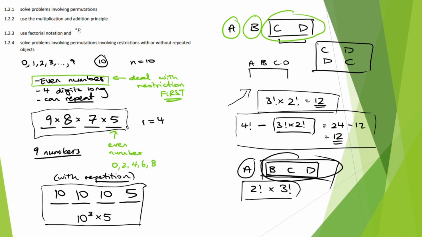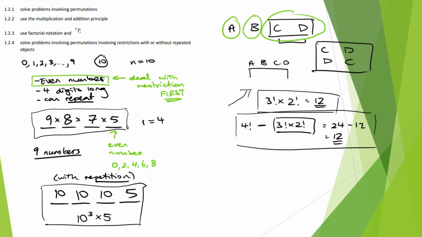Then that is how we calculate that. So anytime we have permutations with restrictions, or grouping, which is another example of a restriction, all we do is consider those restrictions or groupings first before we do anything else. That is the key to permutation questions with restrictions.